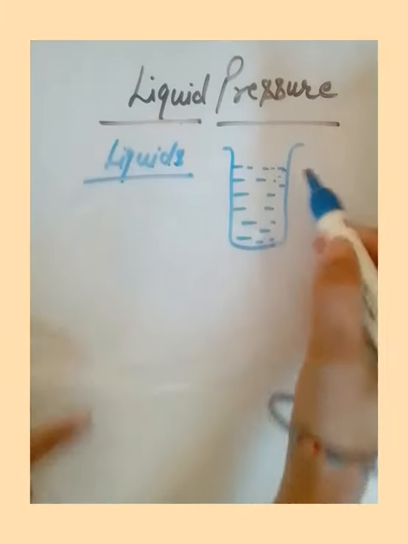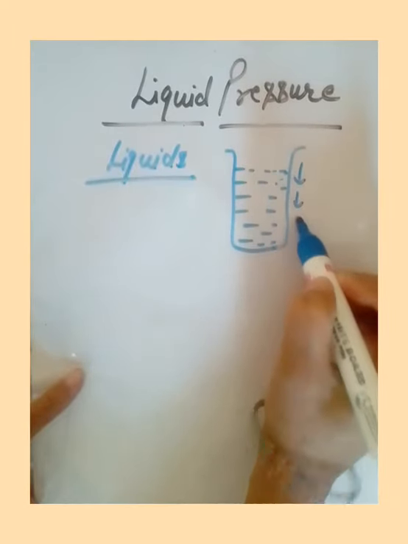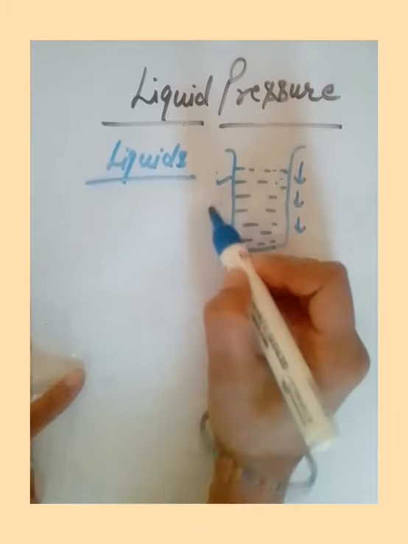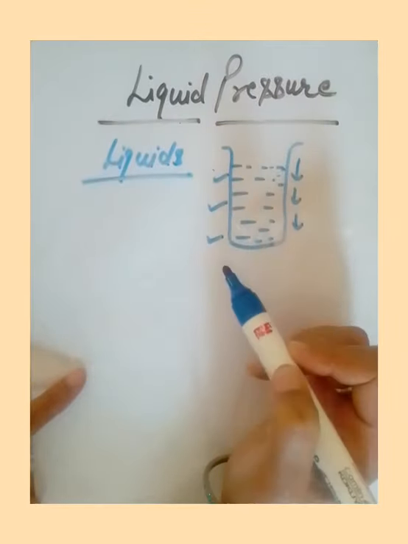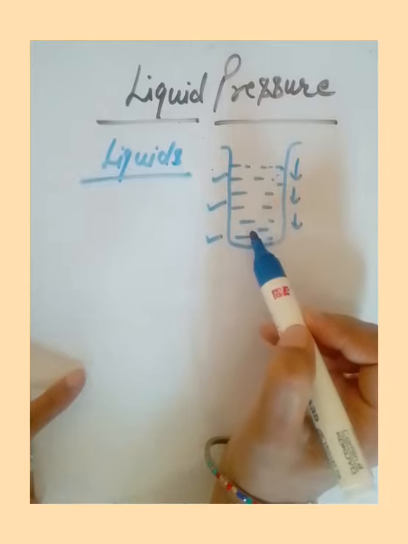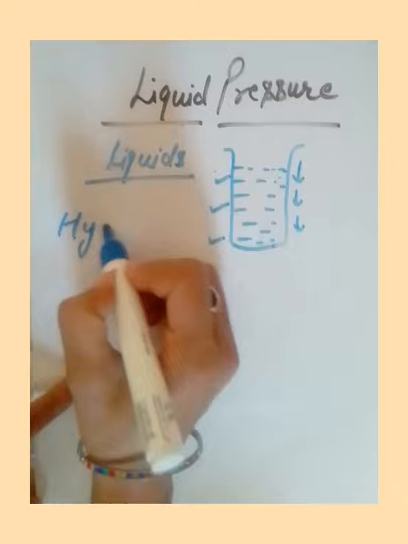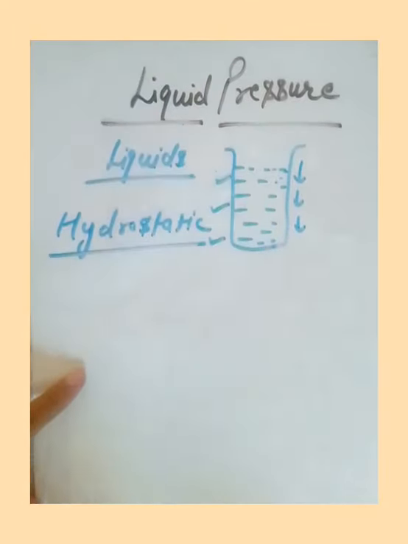The pressure exerted by this liquid will be different here, here, and here. At different levels pressure will be different, and this pressure of the liquid is called liquid pressure, or we can say another term, hydrostatic pressure.